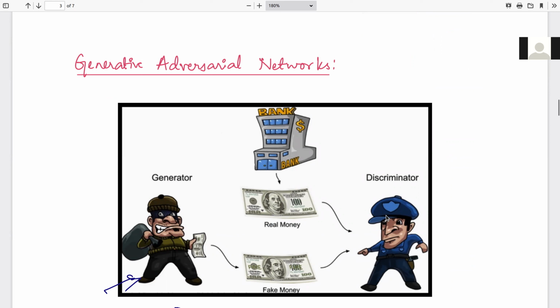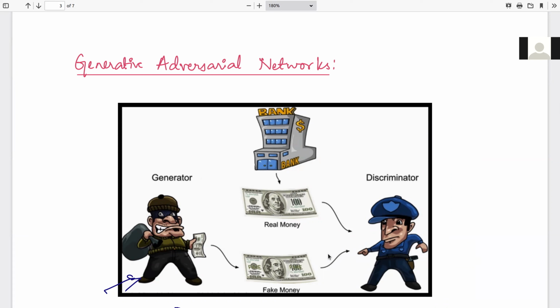And there is this cop, which can make a distinction between the real money and the fake money. So in this process, if this fake money is significantly different from this real money, then this person will be easily arrested because he is using this money, right? And in other way, this discriminator is tasked actually to distinguish the real money from the fake money.